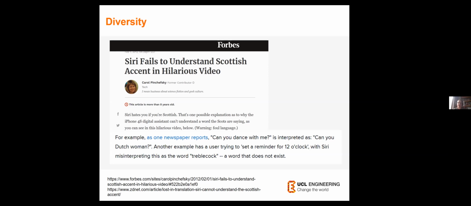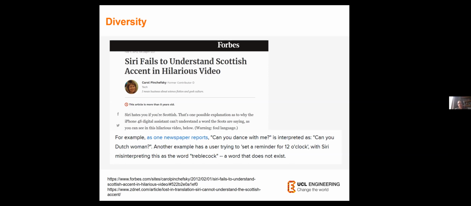And the answer, I can't give you an exact answer, but what tends to happen in these cases is that the data set being trained on has very little in the way of Scottish voices, and the people creating it don't necessarily know a lot of Scottish people. You can imagine, if it's being designed in Apple research and development in Silicon Valley, there's not necessarily a high percentage of Scottish people living there or even working there.